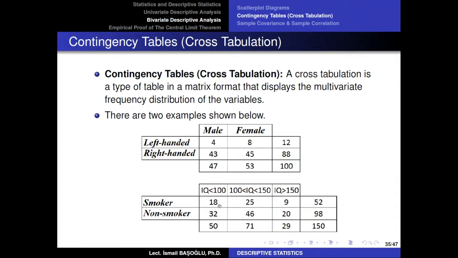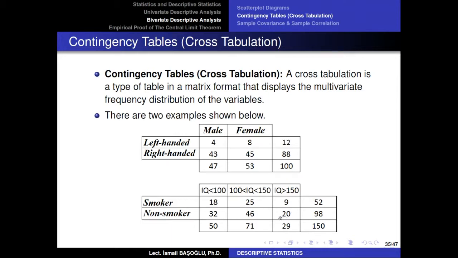And so the proportion between this value and this value is approximately 2 to 3. A similar situation can be observed within the non-smoker population. Again, the ratios are very similar to 2, 3, and 1.